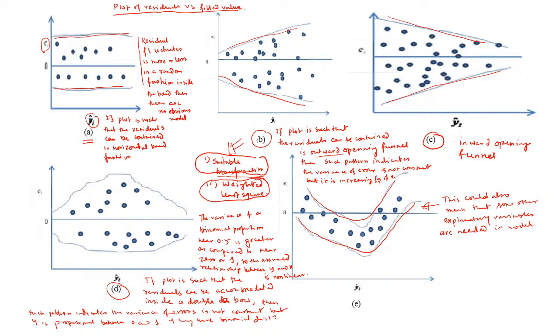Large residuals that occur at the extreme yi hat values could also indicate that either the variance is not constant or the true relationship between y and x is nonlinear.